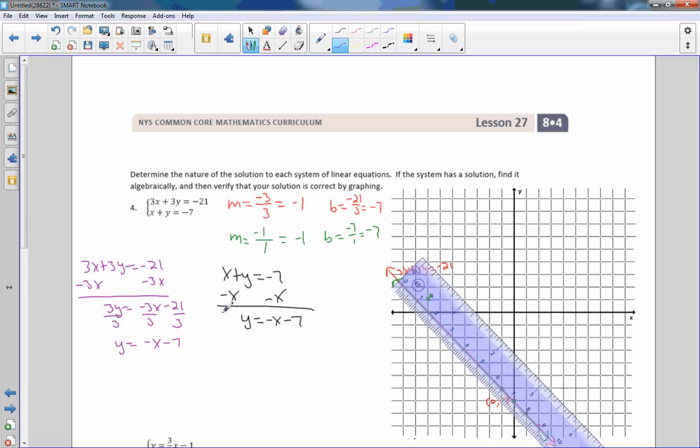If a equals b and b equals c, then a equals c. So I can say negative x minus 7 equals negative x minus 7, and when I add x to both sides, they cancel, and I get negative 7 equals negative 7, and that is always true.